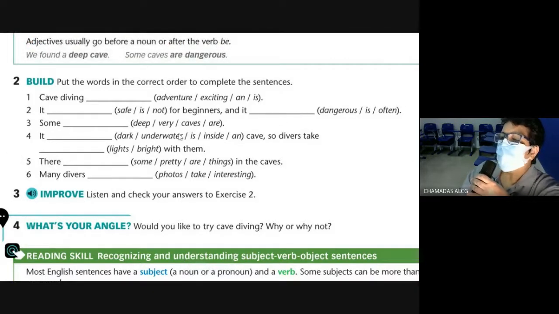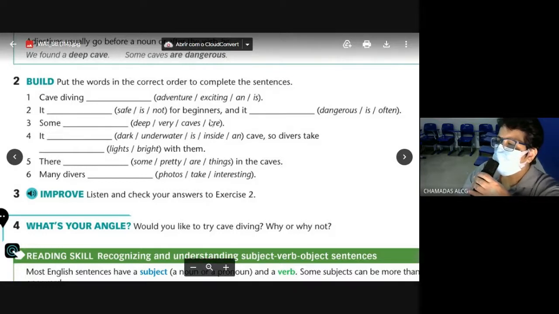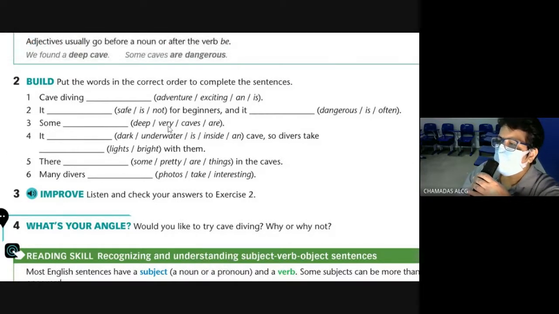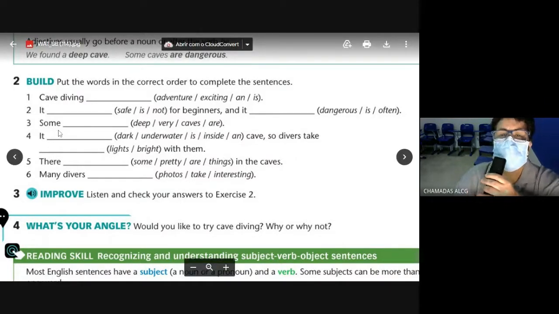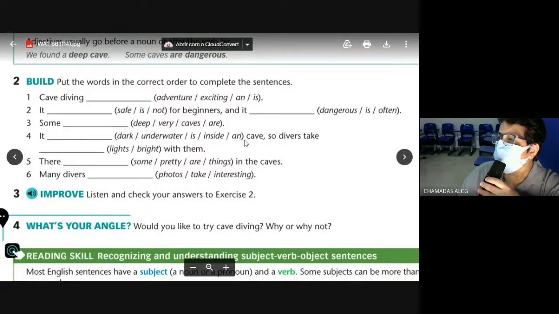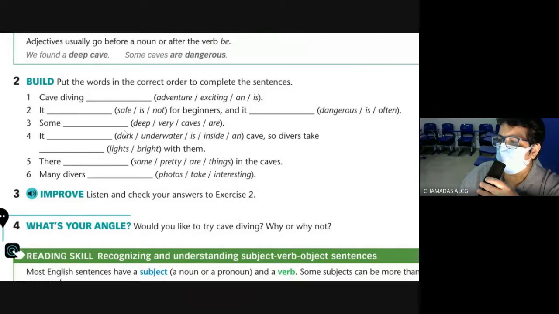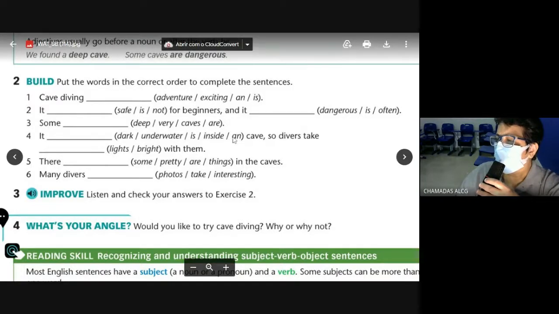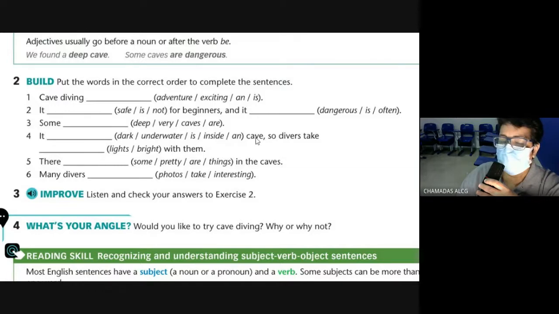Number three, some caves are very deep. Number four, it is dark inside an underwater cave.